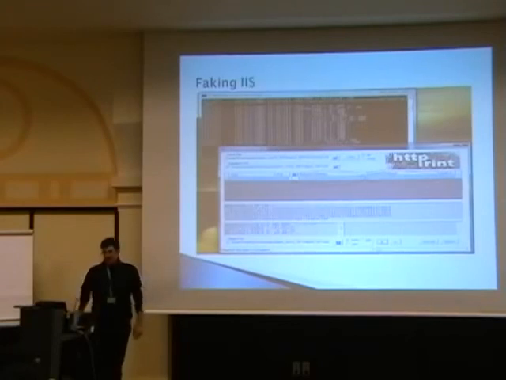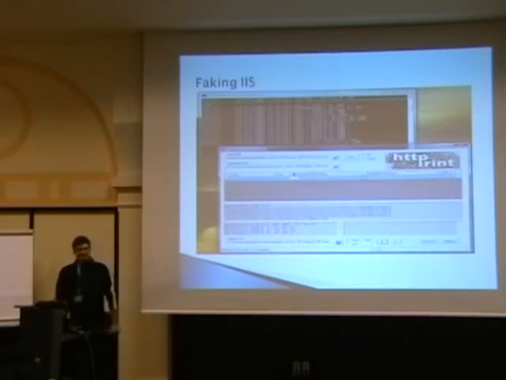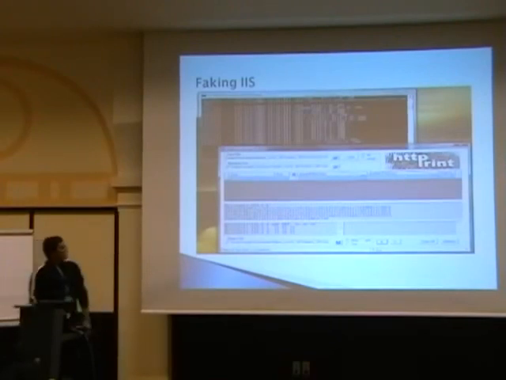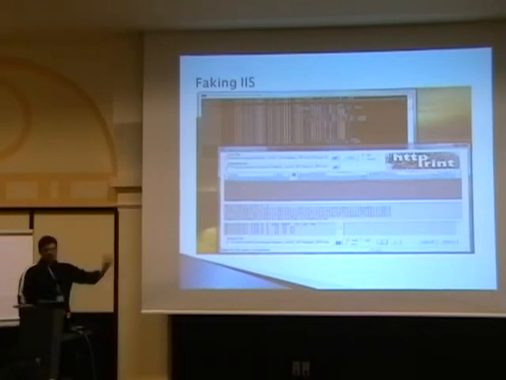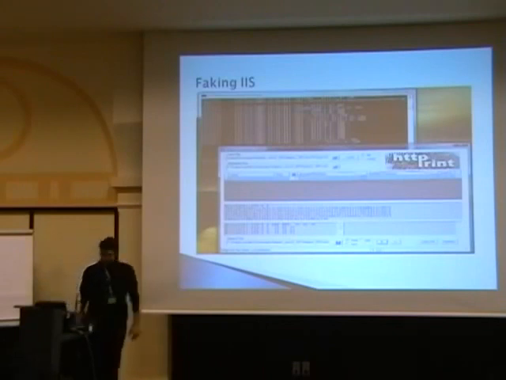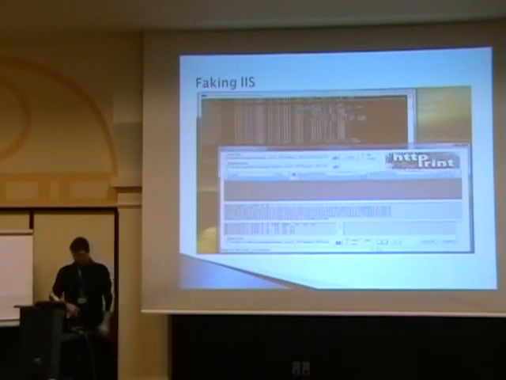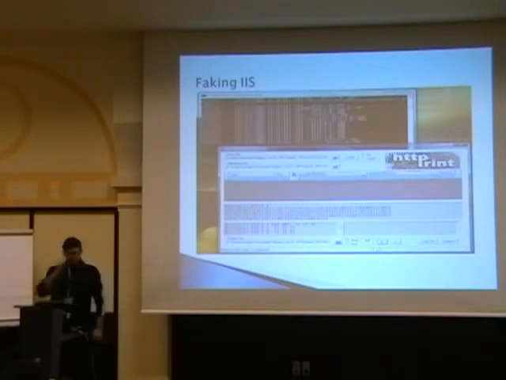So I did the same, and now I changed the configuration, and now it's like an IIS. I told it, yeah, behave like an IIS 5, and it identifies the server like an IIS. So that's kind of interesting. And now we can play around and stuff like that. And it's interesting to see how security tools deal with this kind of problem.